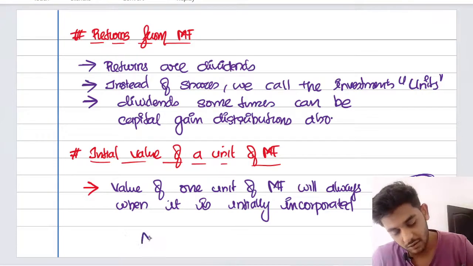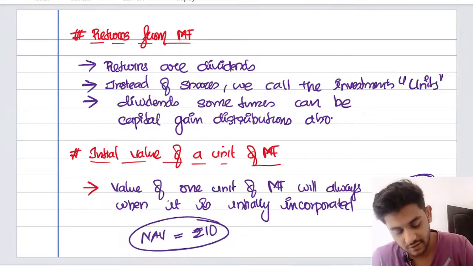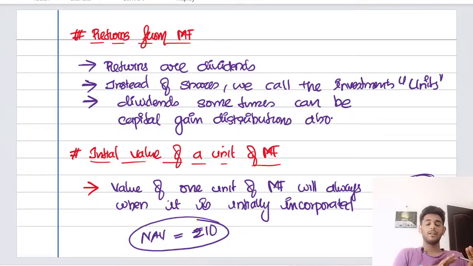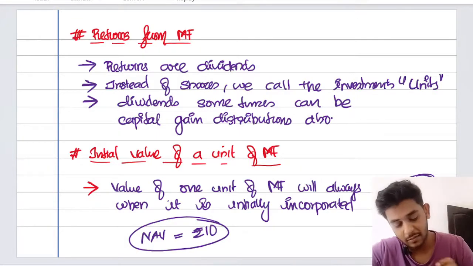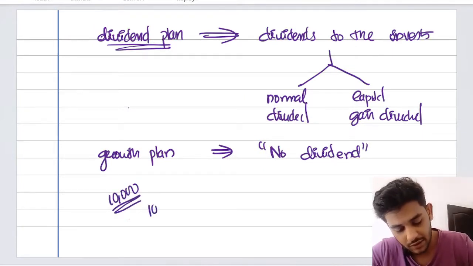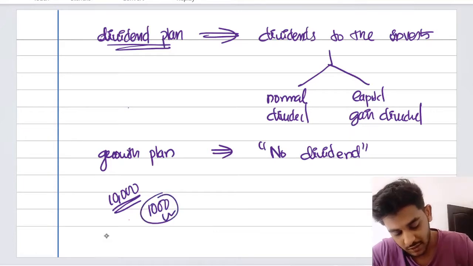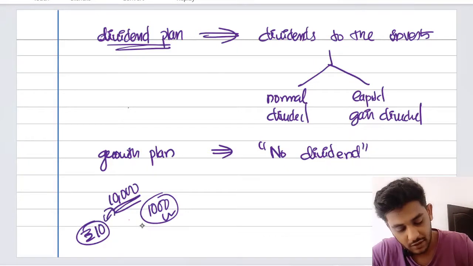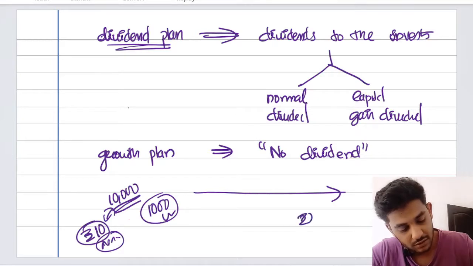This is called the NAV, or first NAV, or initial NAV of a mutual fund. Net asset value will always be 10 rupees. So please keep that in mind. That's why in this example we invested 10,000 rupees and got 1000 units, because NAV was 10. 10,000 divided by 10 gives 1000 units. Now after 1 year, this NAV grows to 20 rupees.